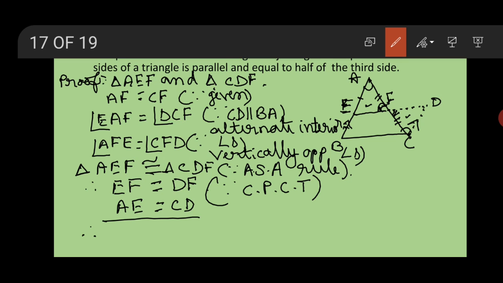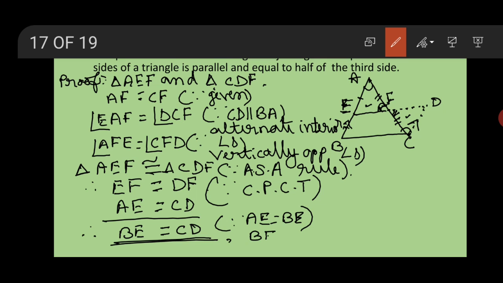Now write down: therefore, BE is equal to CD. Reason: because AE is equal to BE. And also, we know BE is parallel to CD, isn't it?